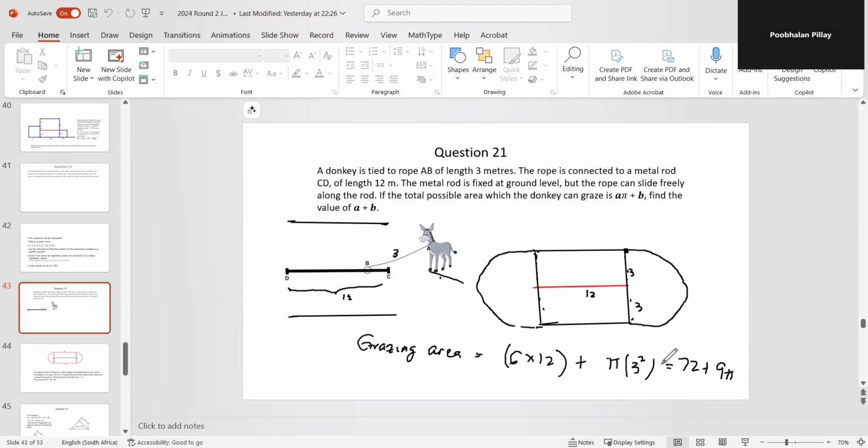So there is a pi in the area, 9 pi plus 72. That's the area in which the donkey can graze. I think I'm dyslexic. So A plus B will have to be 9 plus 72. Those are the numbers outside pi. So the answer is 81.